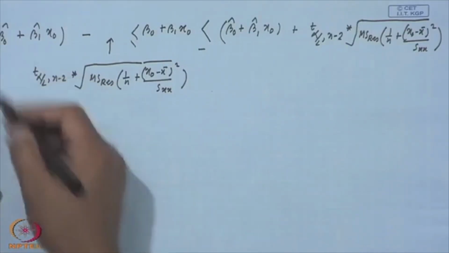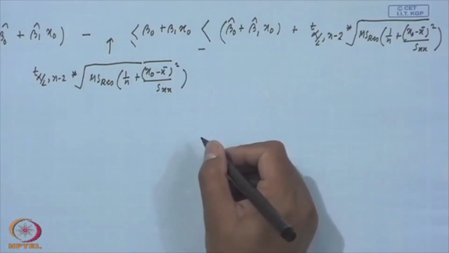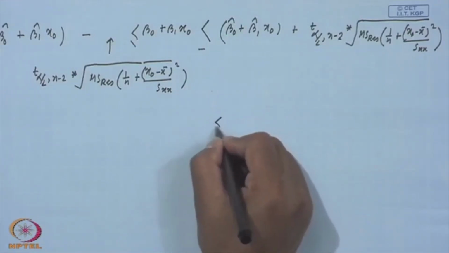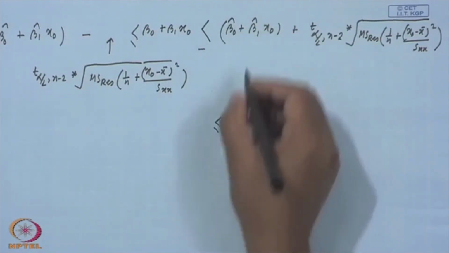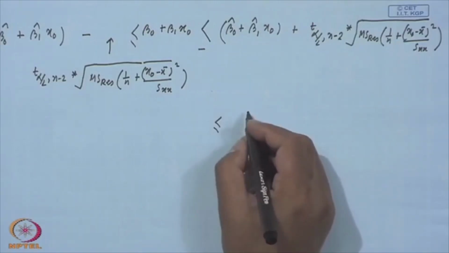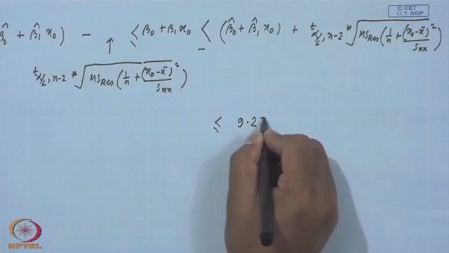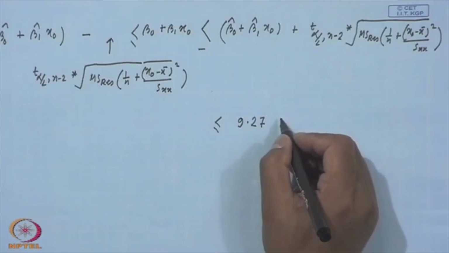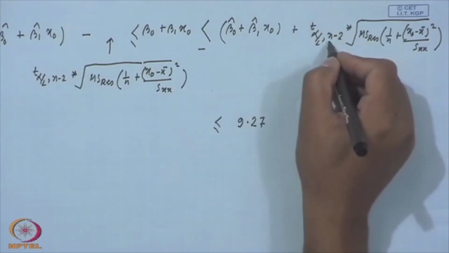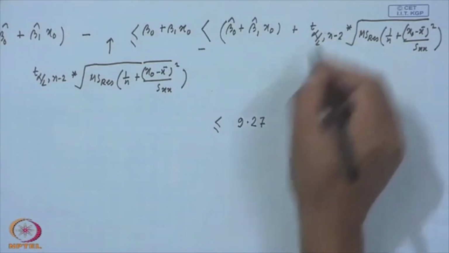So, you have to know everything you need here, and finally, you can check that. Let me do it for the upper limit. That is 9.27, this part, and then n equal to 11. So, it is 9 degrees of freedom and alpha is 0.05.